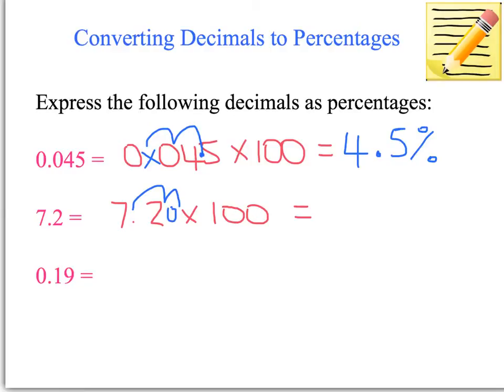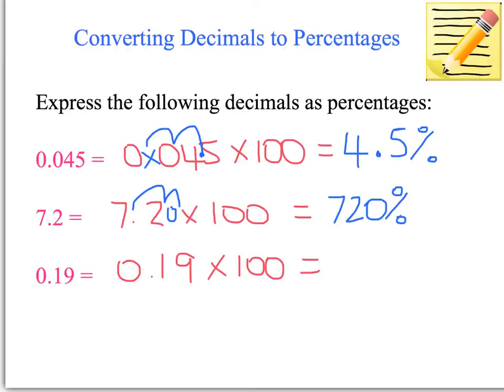So it's 720%. Now the last one, 0.19 times 100. Multiply, right, moving it there, and so it's 19%.